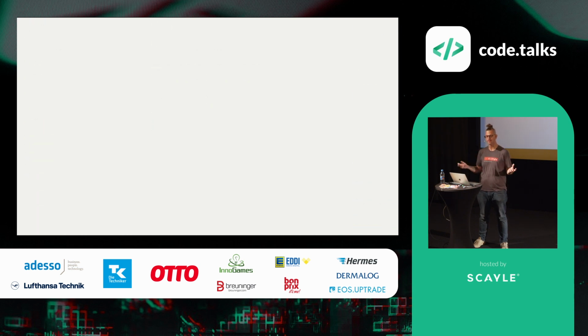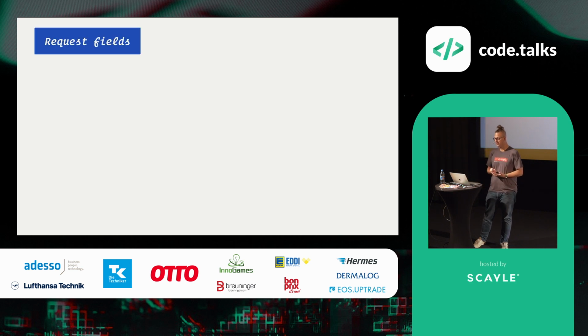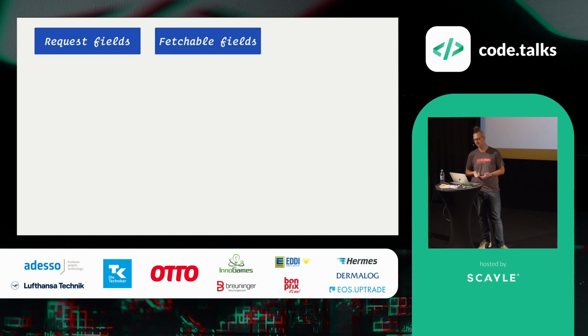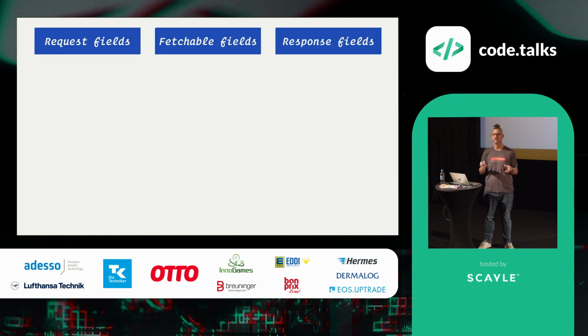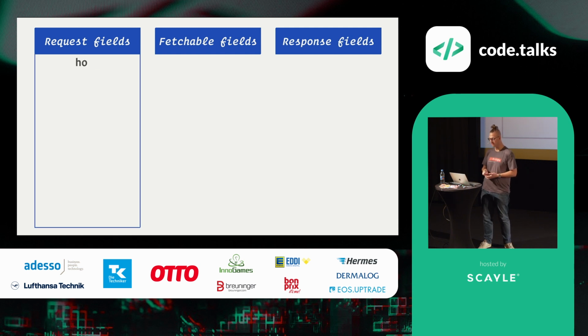It also represents the entirety of a Plug request response. There are 5 categories of fields in the struct. The first is the request fields. Then there are fetchable fields and response fields. Those are, for our HTTP lifecycle, the most interesting fields, right?